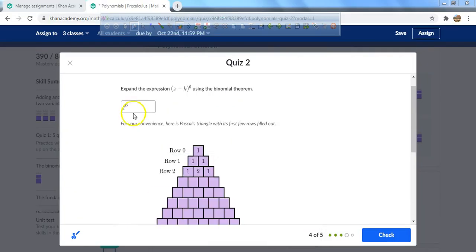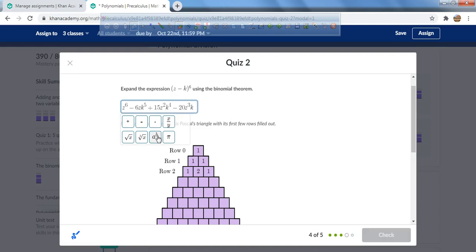All right, minus 6z k to the power of 5, plus 15 z squared k to the power of 4, minus 20, z, oops, not the x, z cubed k cubed.